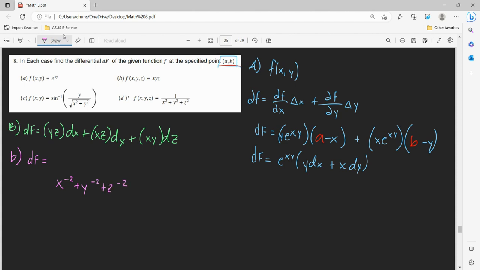Right, so if we did that, this would be negative 2x to the negative 3 for our dx term. For the dy, negative 2y to the negative 3 dy. And this is negative 2z to the negative 3 dz.